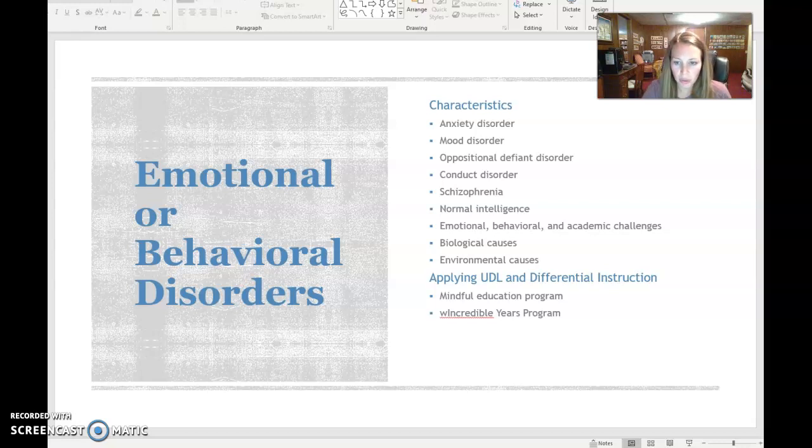Some ways to apply UDL and differential instruction for emotional or behavioral disorders is mindful education programs to teach mindfulness to students, and the Incredible Years program, which is for teachers, parents, and students. It supports the child to make positive gains in their emotional, social, and academic well-being.